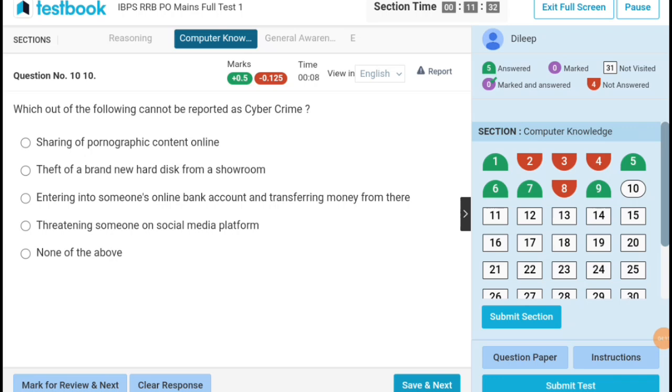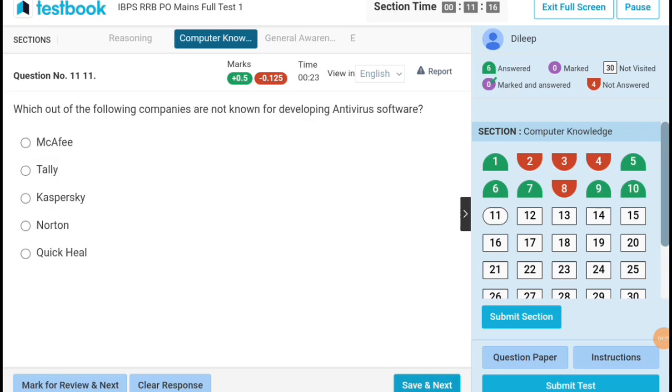Sharing a content online, threatening someone on social media. Option B, I think.